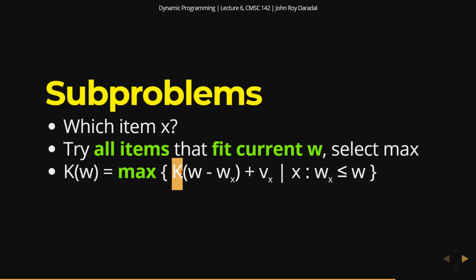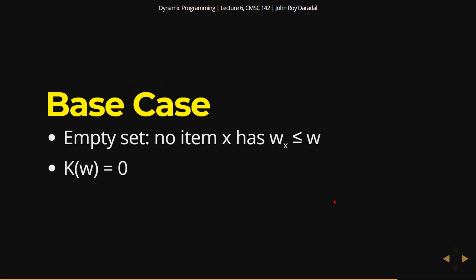We take the maximum of this expression over all items x that fit the current capacity W, so the weight should be less than or equal to W. If it's greater than the capacity, then of course it won't fit, so we just ignore that one. We'll try everything and get whichever has the maximum possible value, because we're maximizing the total value.